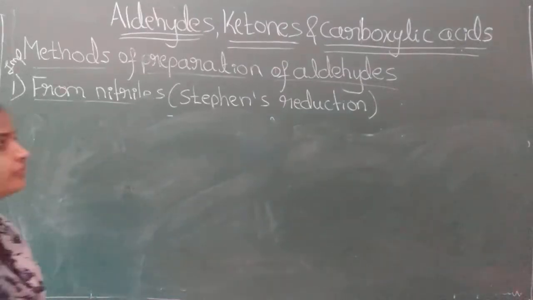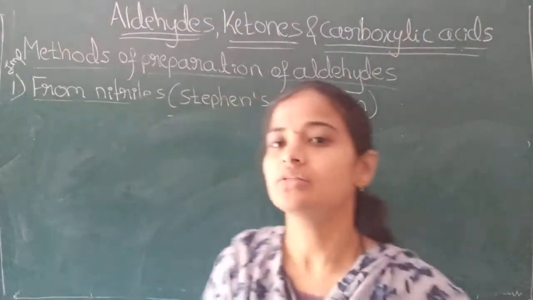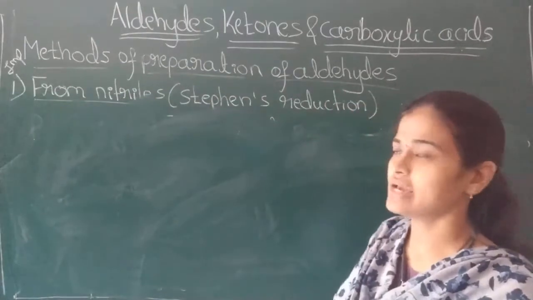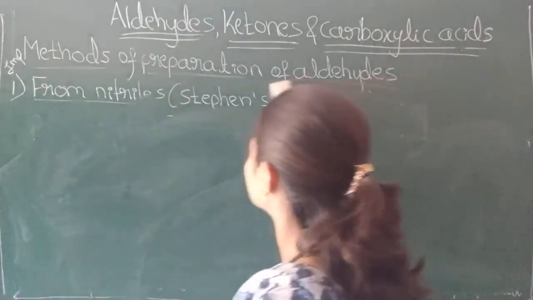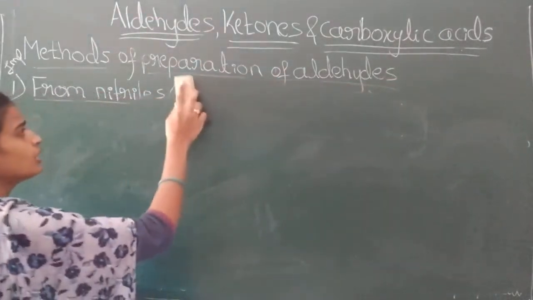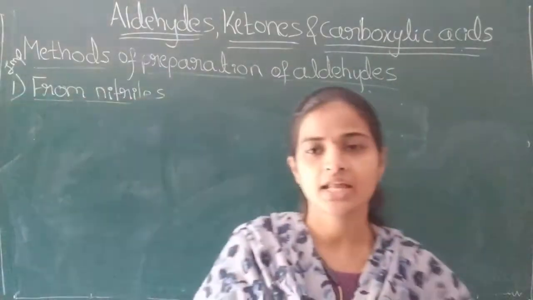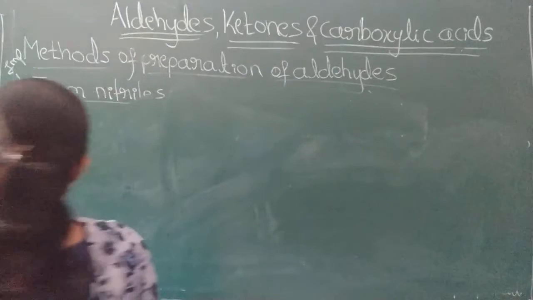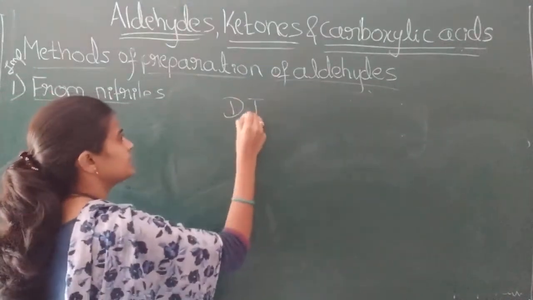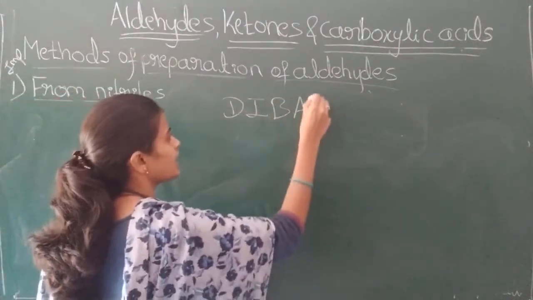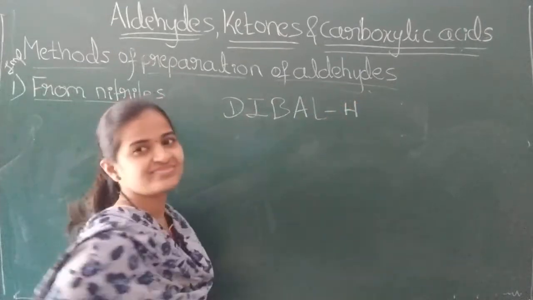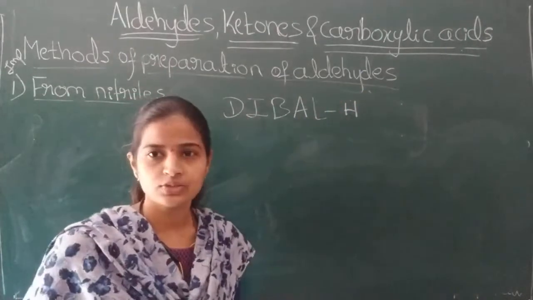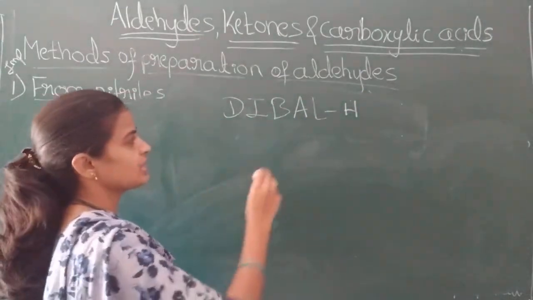Okay, we have seen how nitriles are reduced to aldehydes by using the Stephen's reduction method. Alternatively, nitriles can also be reduced to the respective aldehydes by using a reducing agent called DIBALH.